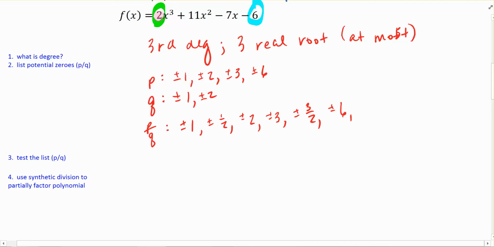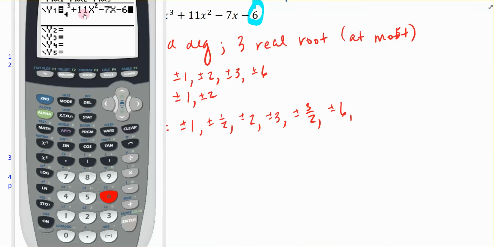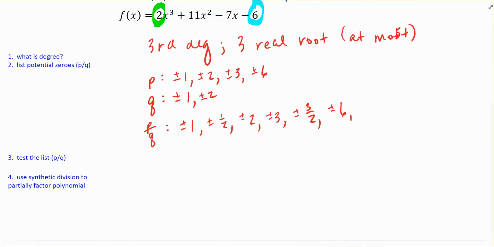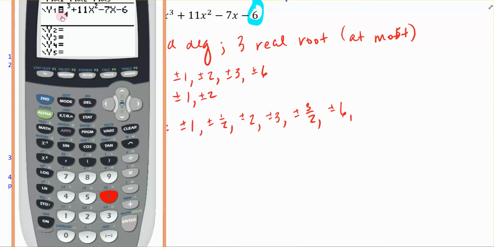I'm going to go into my calculator and put this equation into the y1 graph spot. Now I've come to the y equals on my graphing calculator. I have put in this polynomial that we were just discussing, and I'm going to use the table function to test these possible roots.